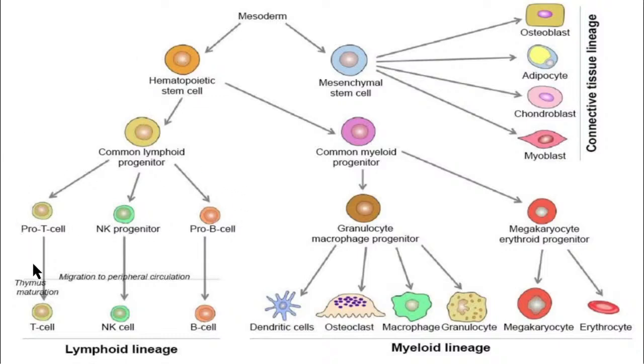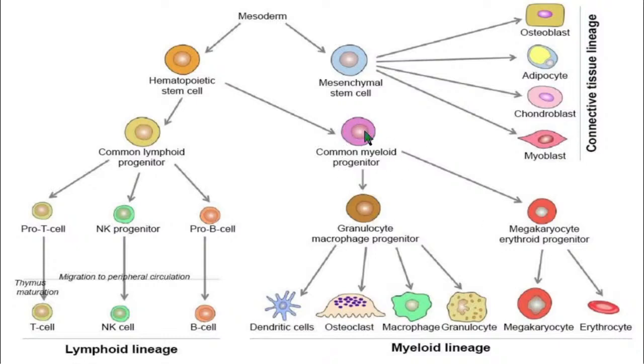Next from progenitor cells, T cells will be the precursor cells. Blast cannot be identified, but we talk about lymphoblast, B, T, and some others. And another variant is the myeloid lineage, myeloid progenitor cells.